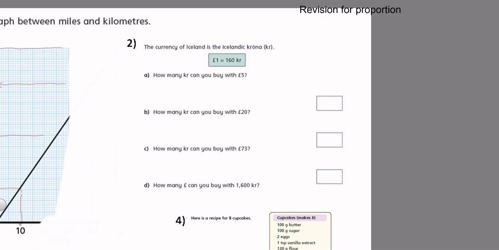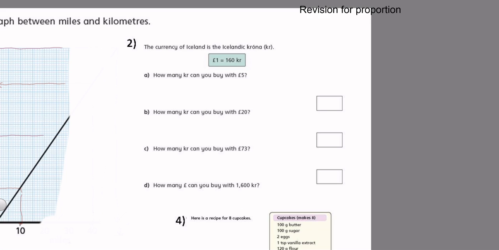Okay, now question 2. The topic here is exchange rate. Obviously different countries have different currencies, different types of money. So in this country, in the UK, we have pounds. For example, USA has dollars. Europe uses euros.